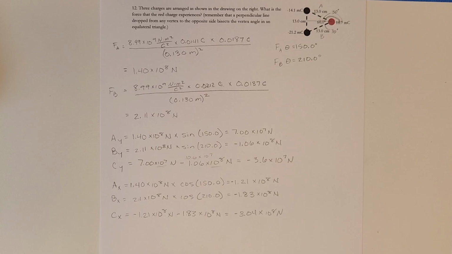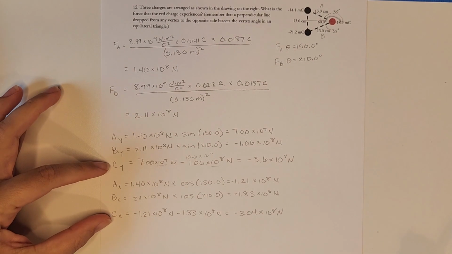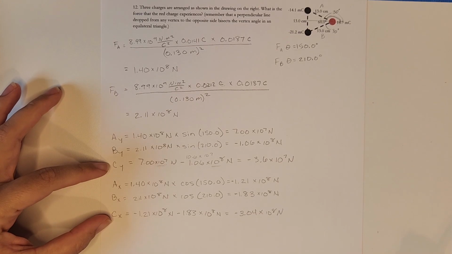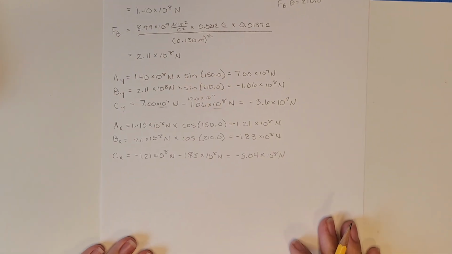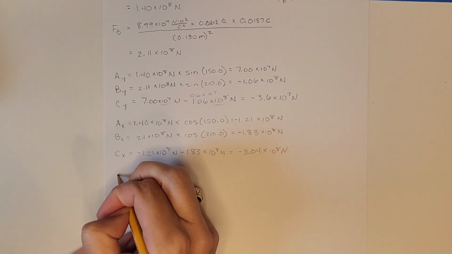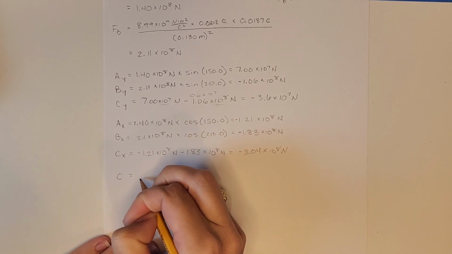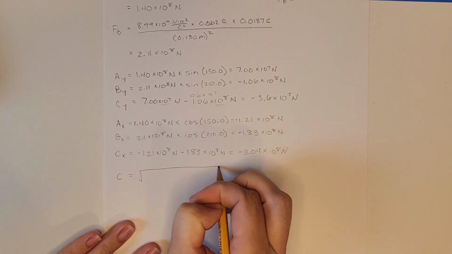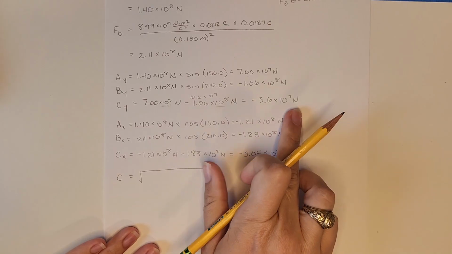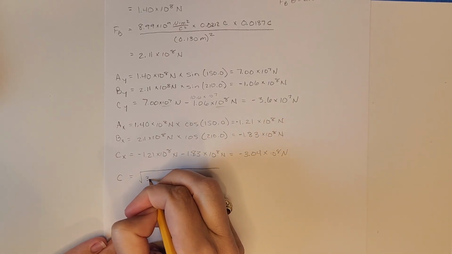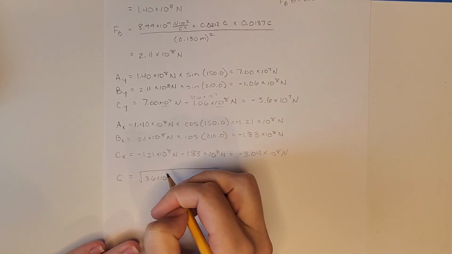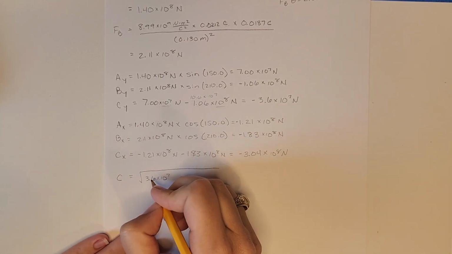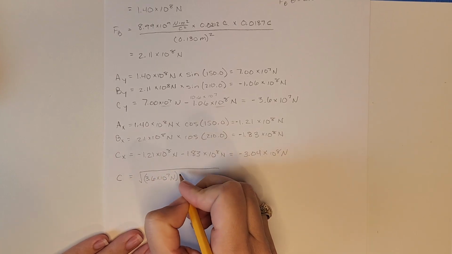Okay, so now that we have our y and x values for C, we can determine what our C force is. So our C is going to be the square root of our y component, 3.6 times 10 to the 7th newtons squared.